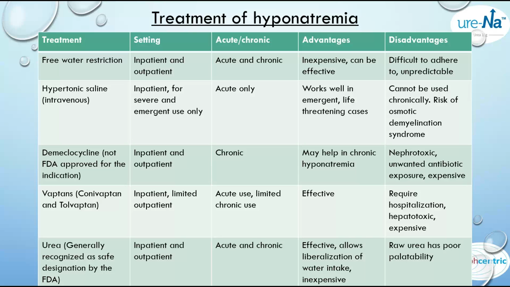Hypertonic saline, as we discussed, demeclocycline is not FDA approved, talked about vaptans, and then finally urea, which is considered as GRAS, which stands for Generally Recognized as Safe designation by FDA, is also another option that we'll be discussing a little bit more in detail in the next few slides.